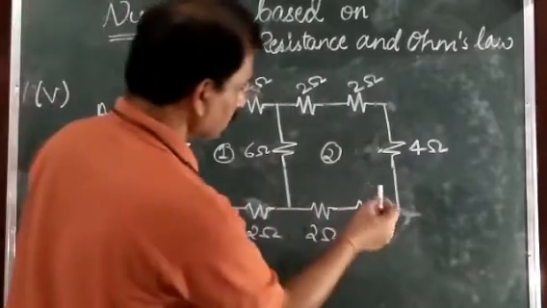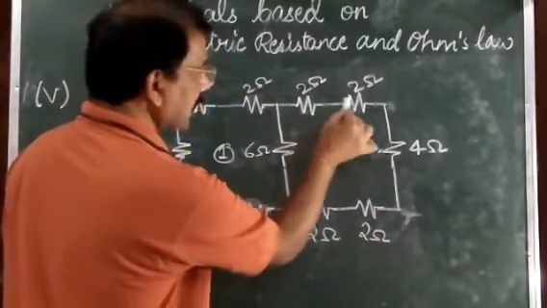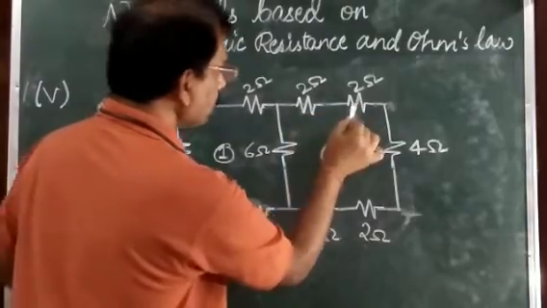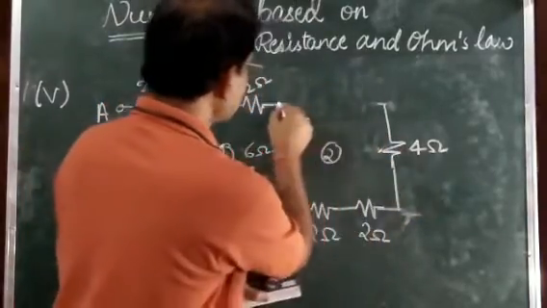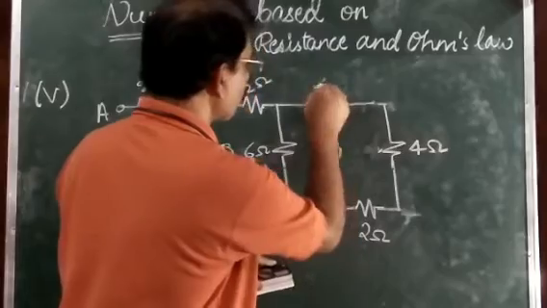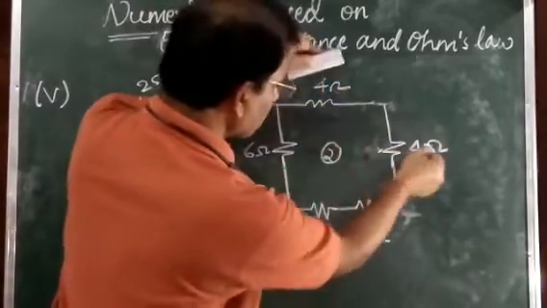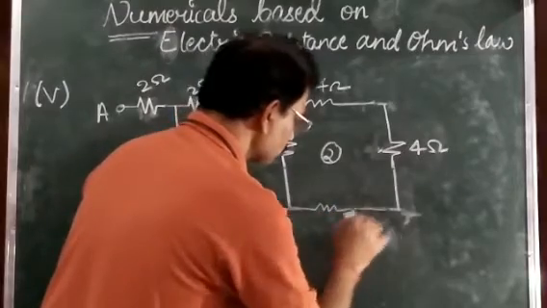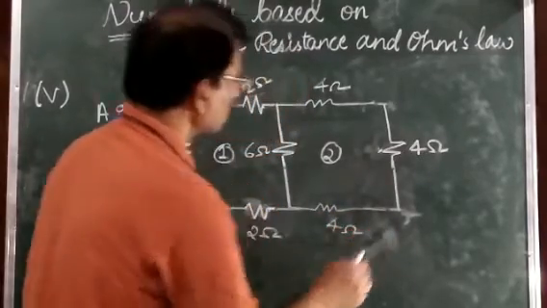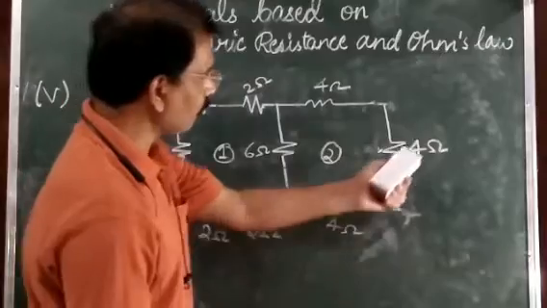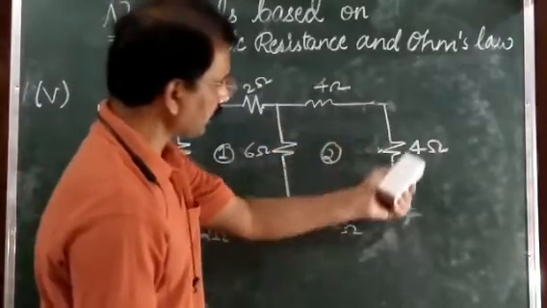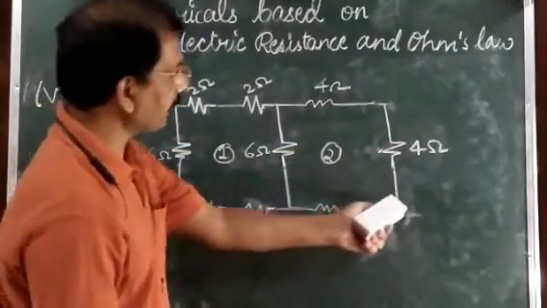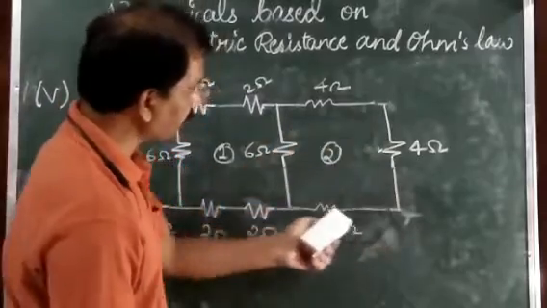Now you see here, 2 ohm, 2 ohm, both are in series. Their equivalent 4. We can put a single resistance of 4 ohm. This one is already 4. This one is 4 ohm. Now 4 ohm, 4 ohm, 4 ohm. These three resistors are joined end to end, so these three resistors are in series.